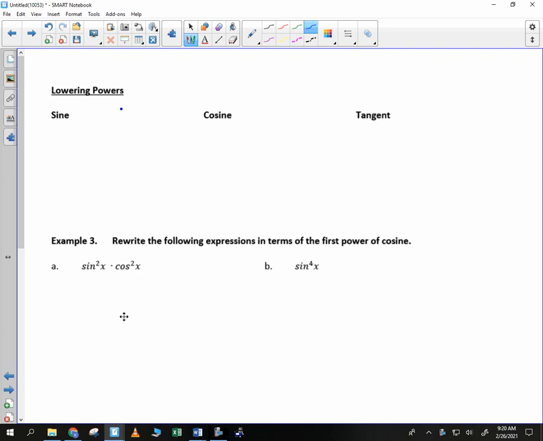Lowering power formulas allow you to take an expression in trigonometry and reduce it from, say, being squared down to being first degree. So, for example, sine squared of x is equal to 1 minus cosine of 2x all over 2.